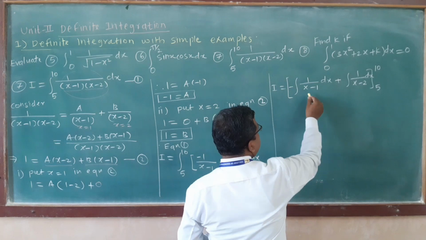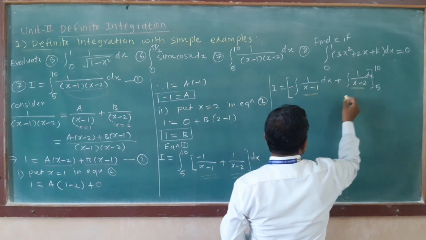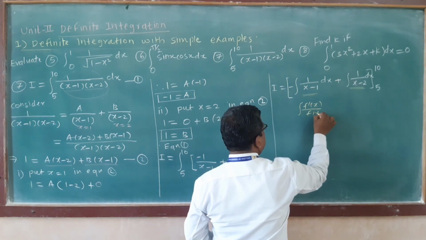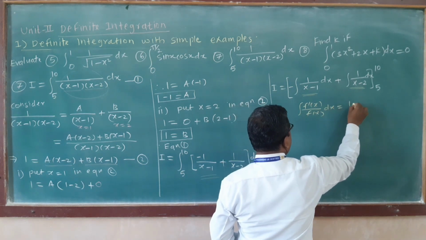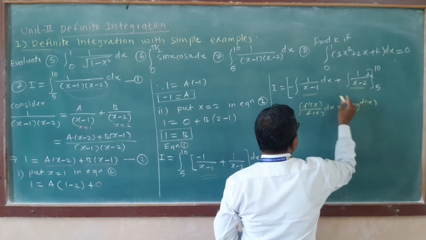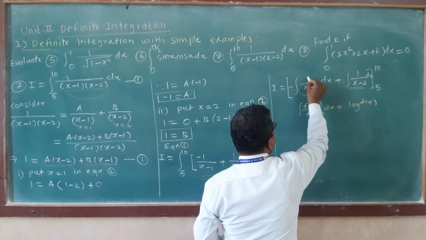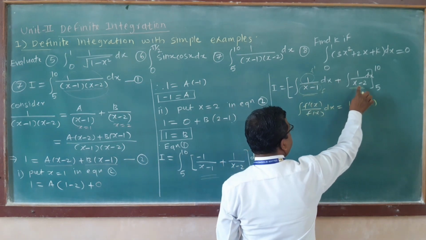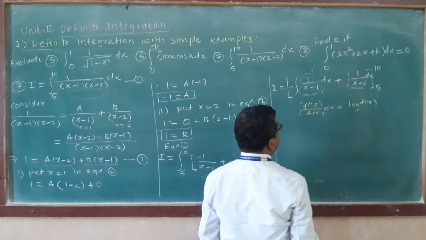Now this integrand is in the form integration of f dash of x upon f of x dx, which is equal to log of f of x. If this is f, then this is f dash. Derivative of x is 1, minus 1 is 0. Similarly, this is f, this will be f dash.